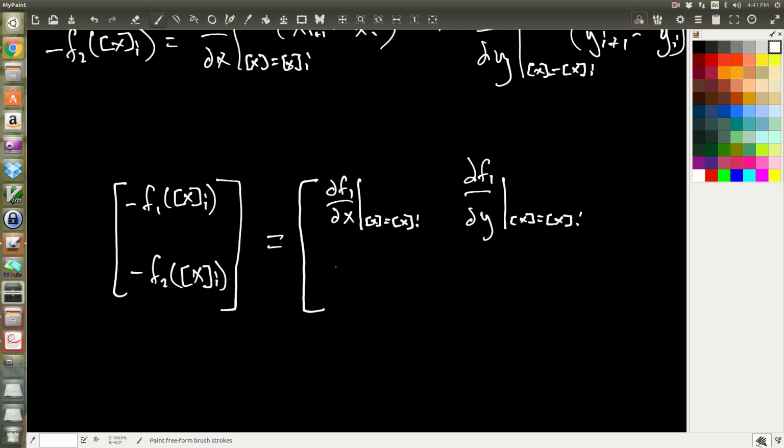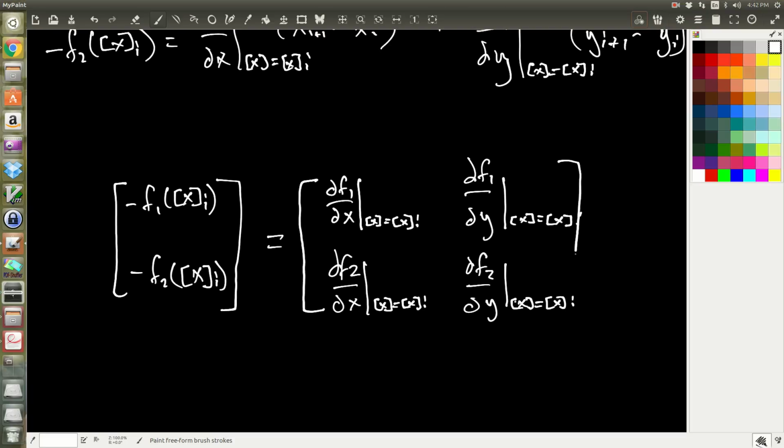And then down here, partial of f2 with respect to x evaluated at x equals xi, and partial of f2 with respect to y evaluated at x equals xi. So that's our matrix here.